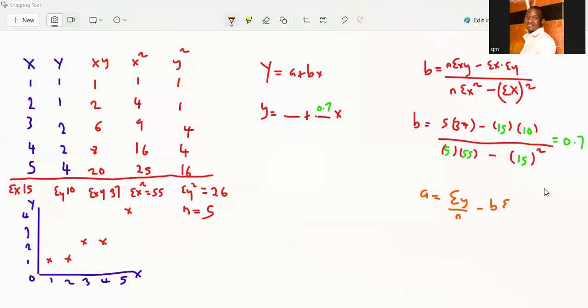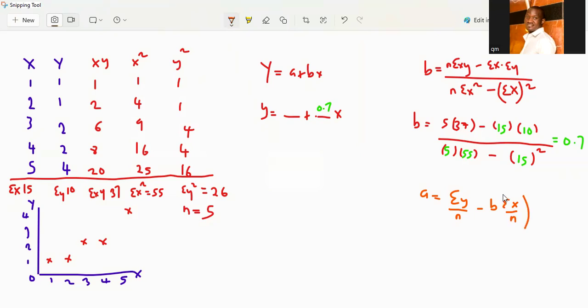Okay, so we substitute. A is given by summation of y over n, minus b times summation of x over n.